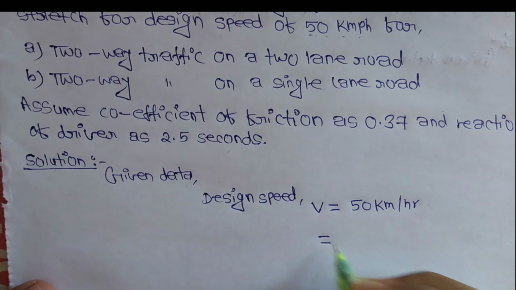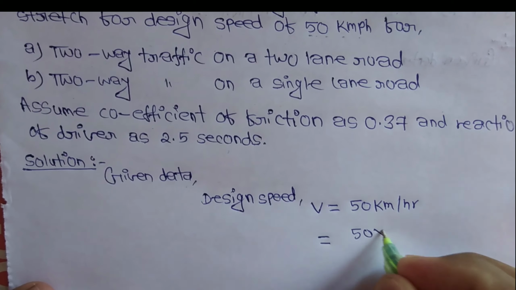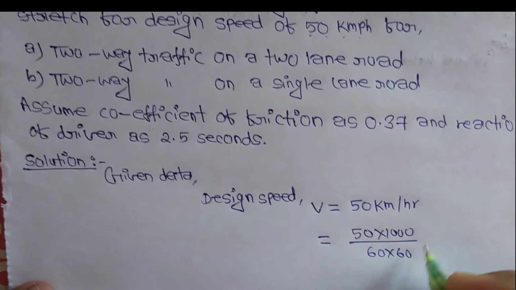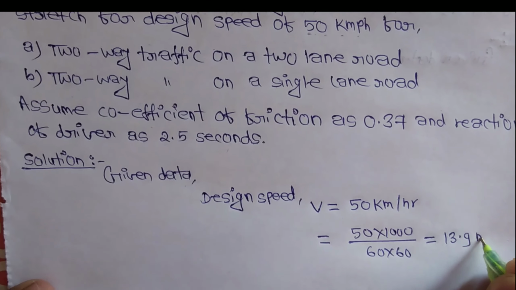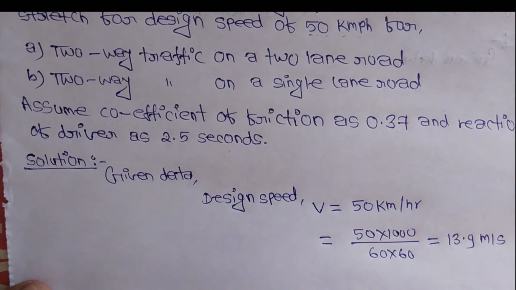Let me first change it to meter per second. So 50 into 1000 divided by 60 into 60, you will get 13.9 meter per second. So this is the design speed.